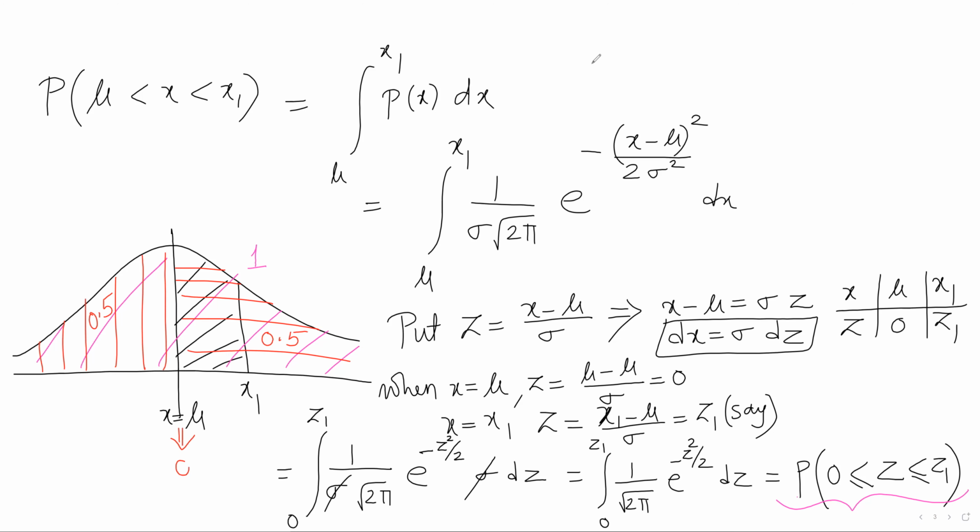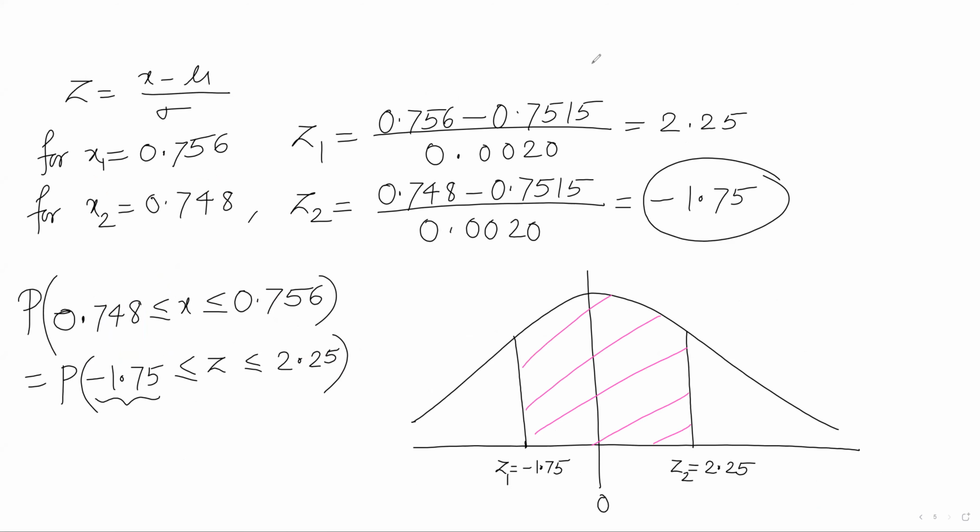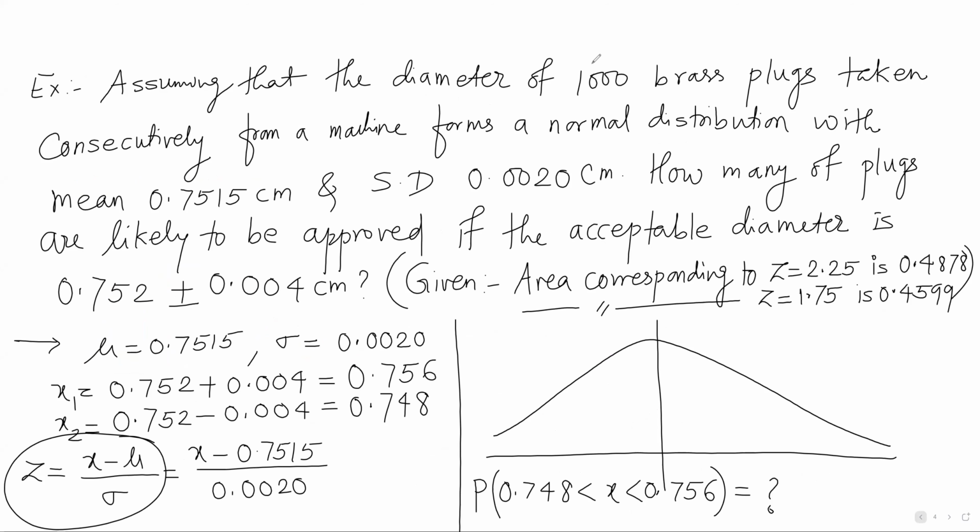So the value is always provided from 0 less than z less than z1, so this value has to be always less than or equal to 0.5. Here we have minus 1.75 to 2.25. And what's the area given? You can check your answers by the given table.